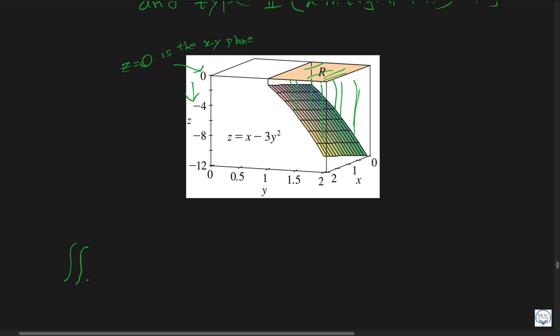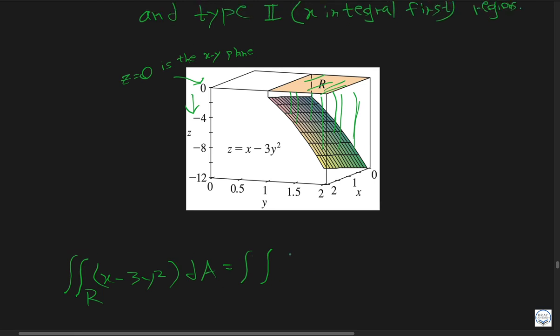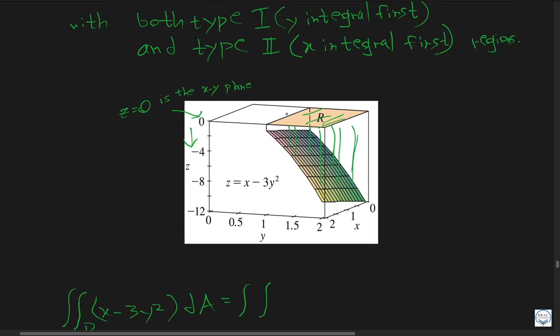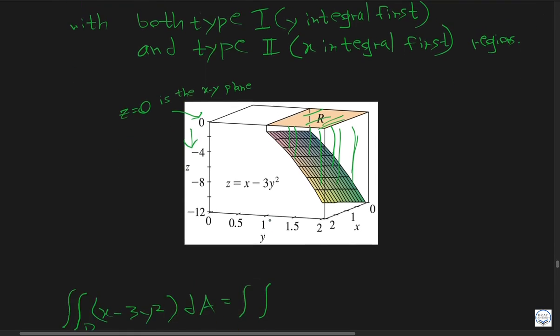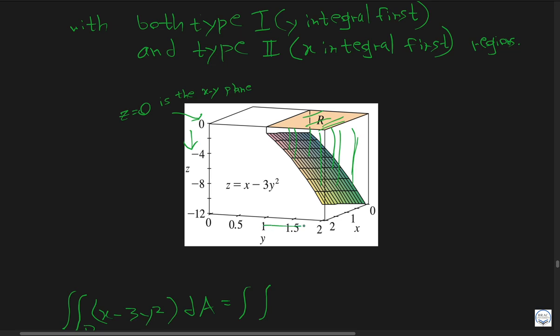So let's try with type 1 first. We're told to use both type 1 and type 2 to evaluate this integral. Now we apply Fubini's theorem for type 1 integrals, which means that we do the y integral first.